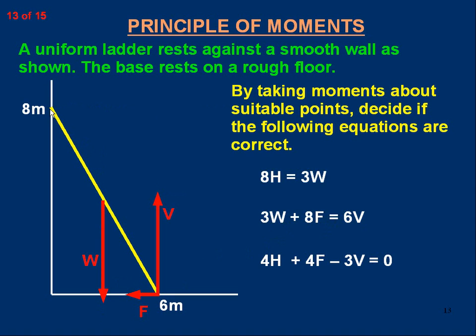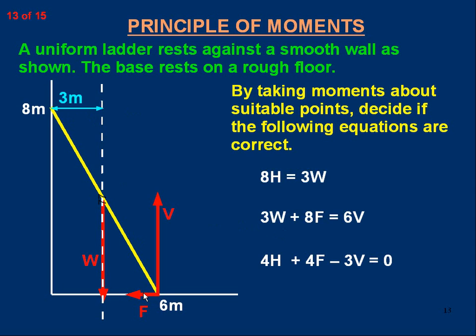So, what are the clockwise moments about the top of the ladder? I hope you can see W is producing a clockwise moment. There's the line of action of W. How far is it from the top of the ladder? That line of action is 3 meters. So the clockwise moment is 3 meters times force W, that's 3W. Any other clockwise moments about this point, the top of the ladder?